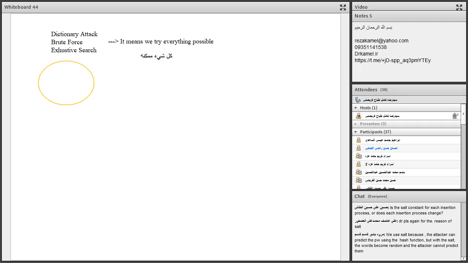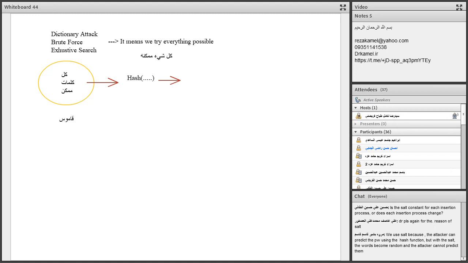What we can do is take all of the words, كل كلمات ممكن, and we hash all of them.